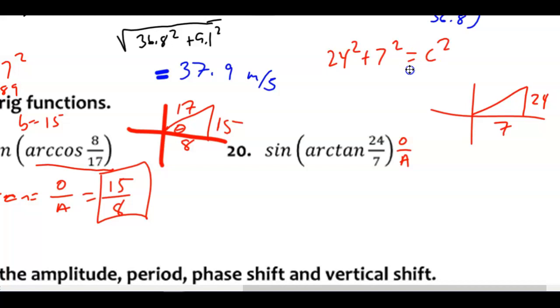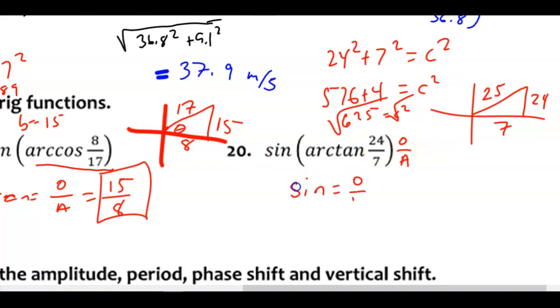So 24 squared is 576, 7 squared is 49, and that's going to give us 625 for c squared. Then if you take the square root of that, you're going to get 25. So c is 25, the hypotenuse is 25. Now find sine. Well, remember sine is opposite over hypotenuse, or 24 over 25.